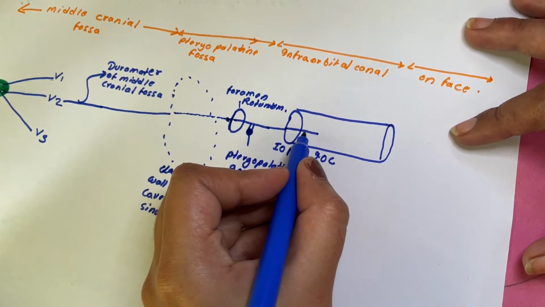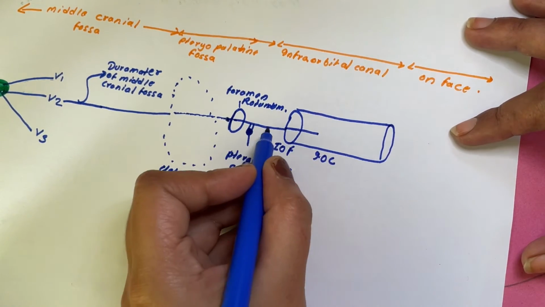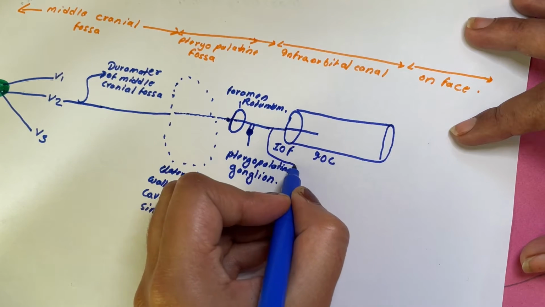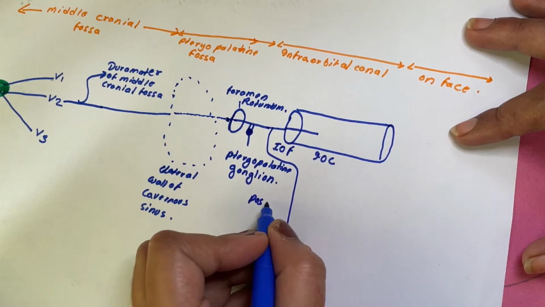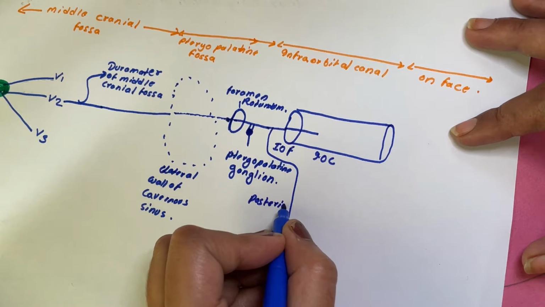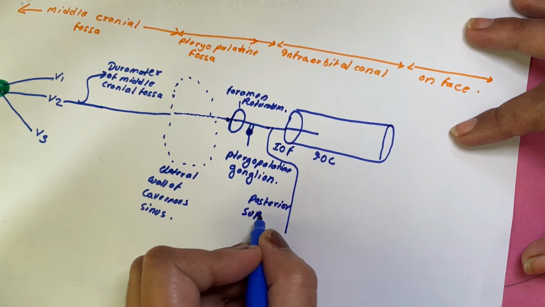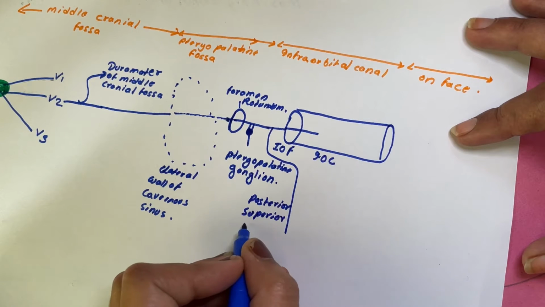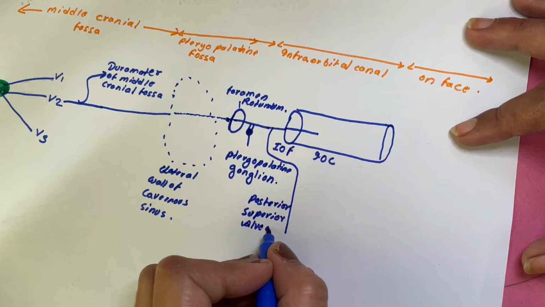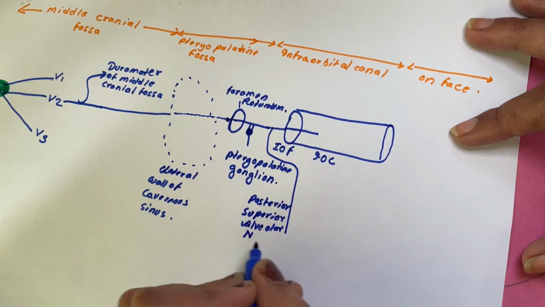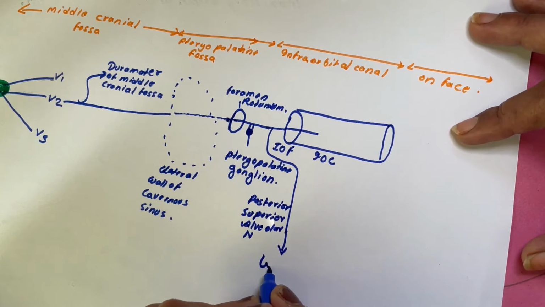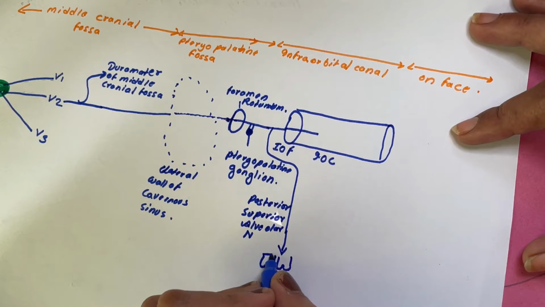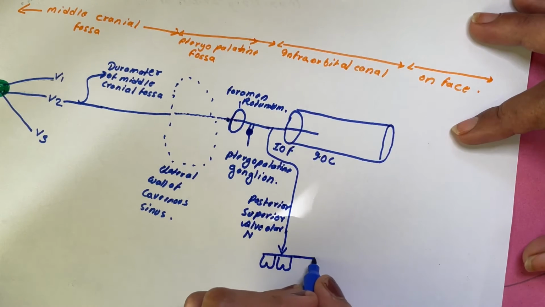Before entering the inferior orbital fissure, it gives a branch, the posterior superior alveolar nerve, and it supplies the posterior teeth. That means it supplies the molars.